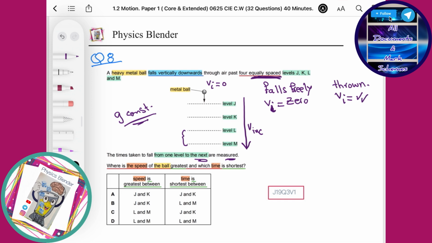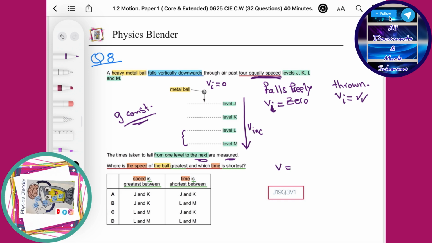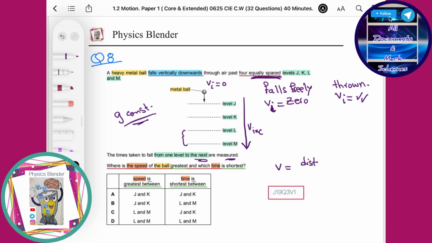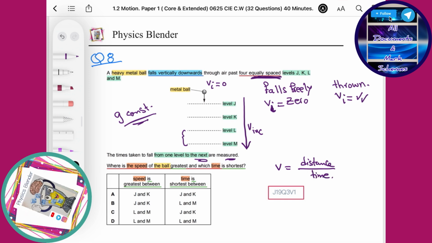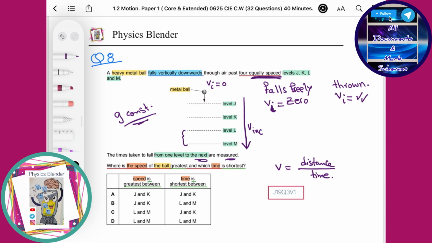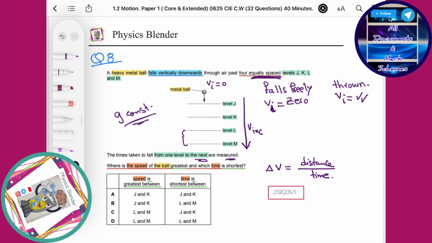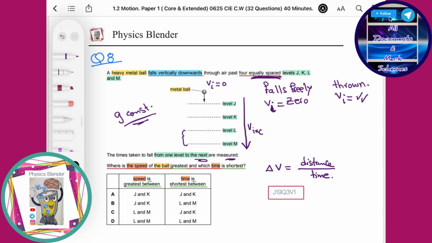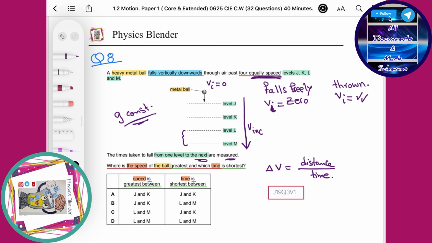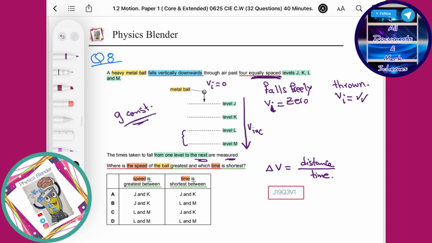According to the equation, velocity equals distance divided by time, or change in velocity is equal to change in displacement divided by time. Distance here is constant.